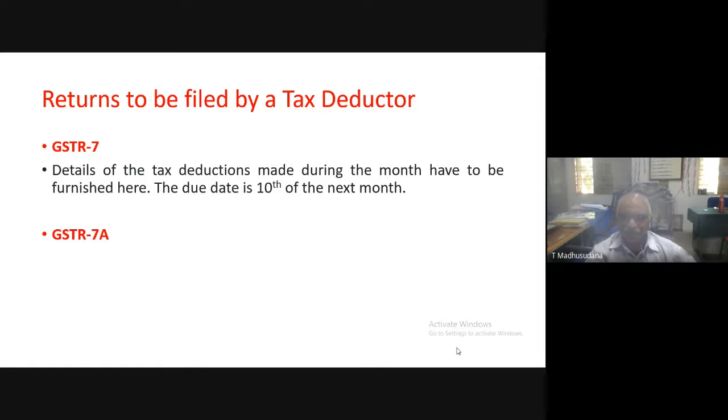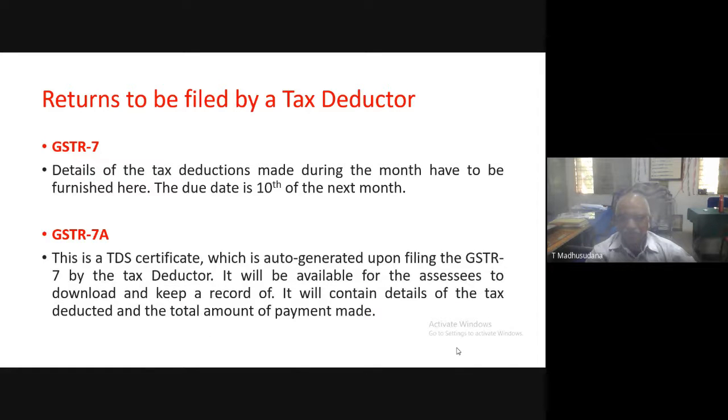Next, GSTR 7A. This is another form to be submitted by the tax deductor. This is a TDS certificate which is auto-generated upon filing the GSTR 7 by the tax deductor.